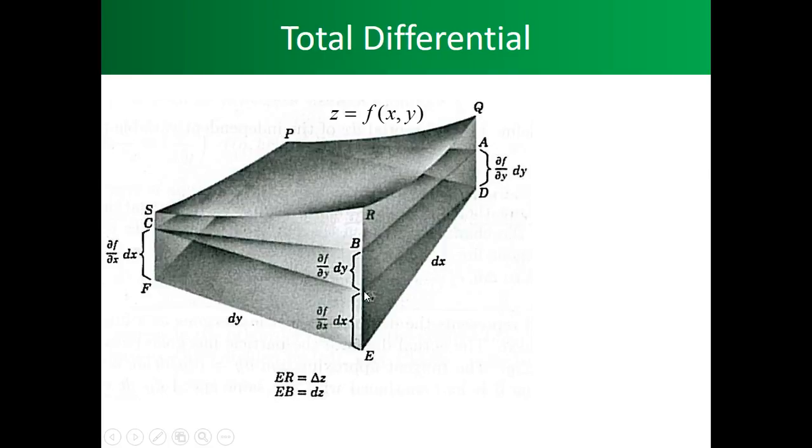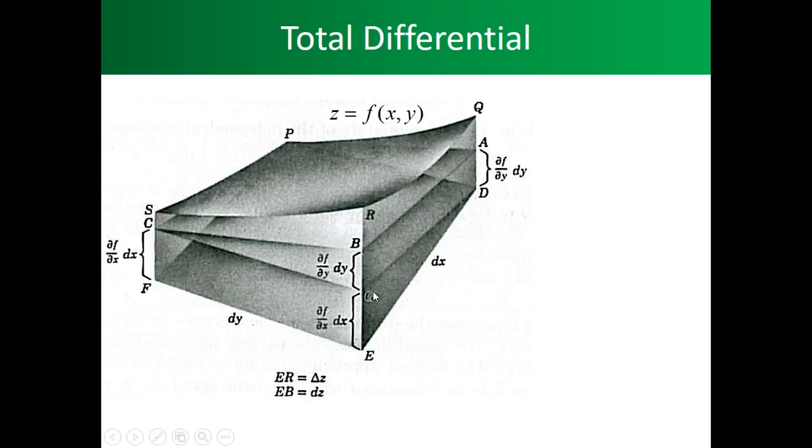Okay, so now that we have these areas, remember, this plane here is nothing but a tangential of P. That's all this is. It's trying to approximate this. Remember that. So we have ER, which is our change in Z, and we have EB, which is our approximation, our tangential.